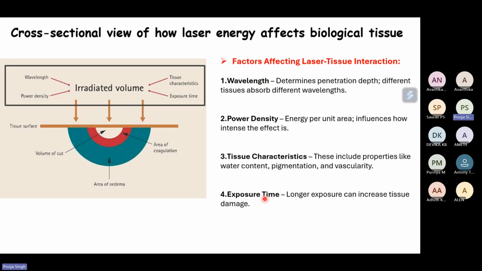Then exposure time: how long you are exposing, and increasing it can increase your tissue damage. So all of these are what this laser-tissue interaction depends upon. You have to learn carefully that it depends upon wavelength, power density, tissue characteristic, as well as the exposure time.